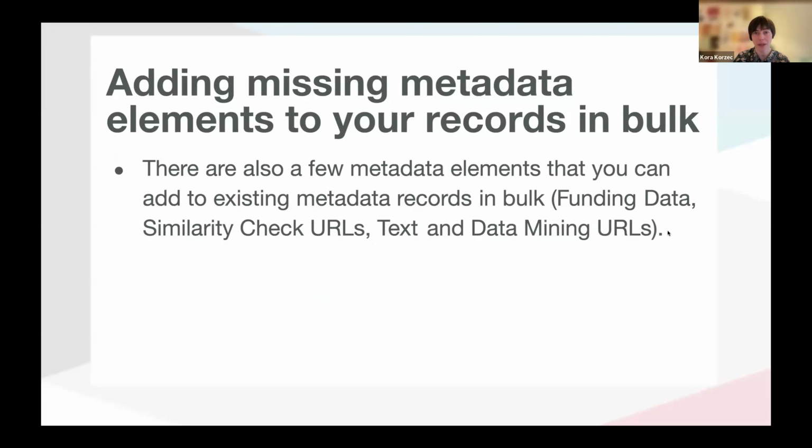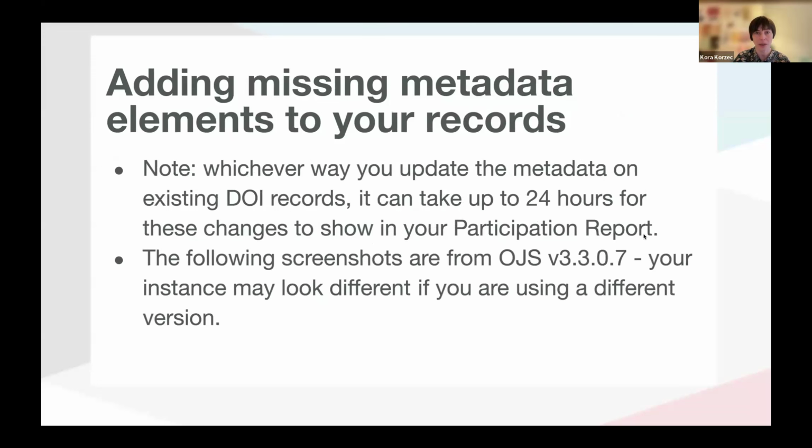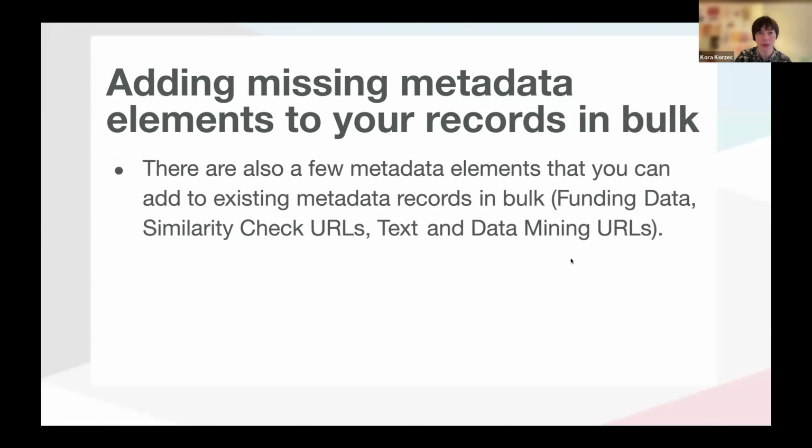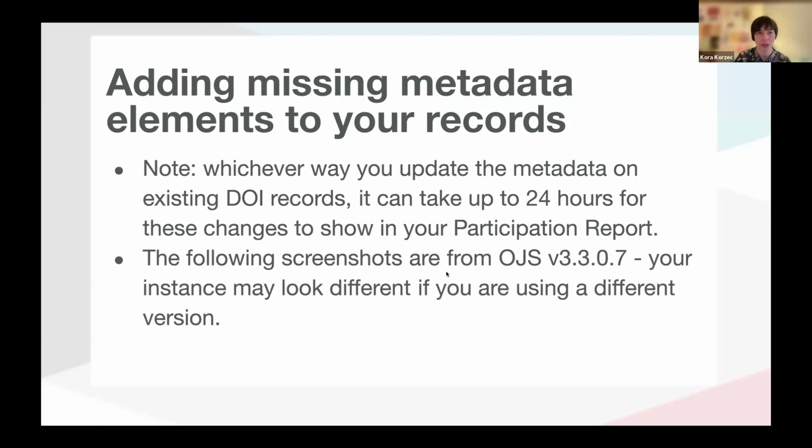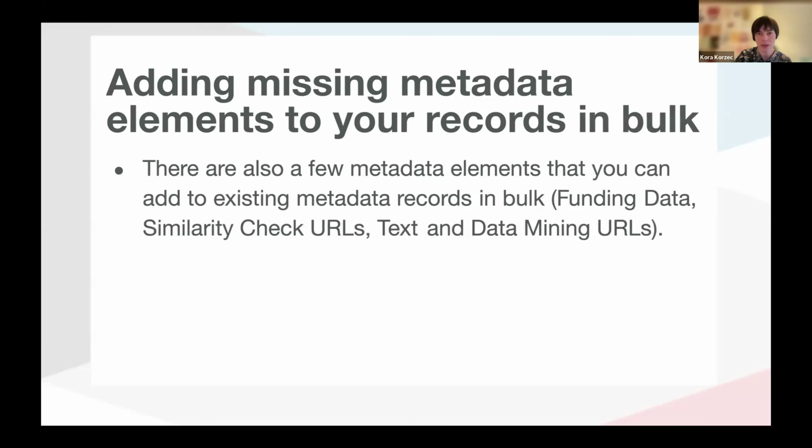So for that, you will need to, again, remember that it might take up to 24 hours for the changes to reach the participation report. And there is a form for bulk addition of the metadata with the XML. I think there will be a link in the chat about that.